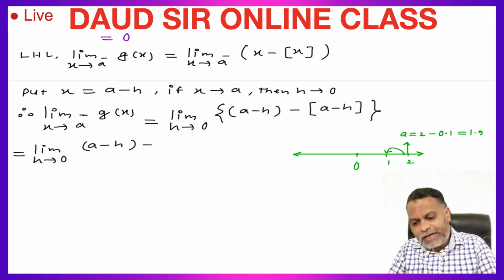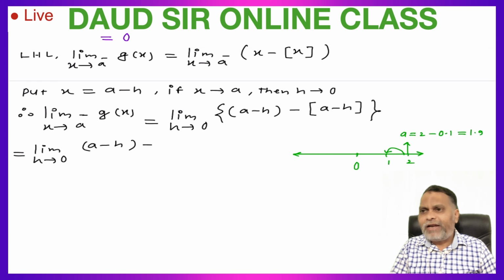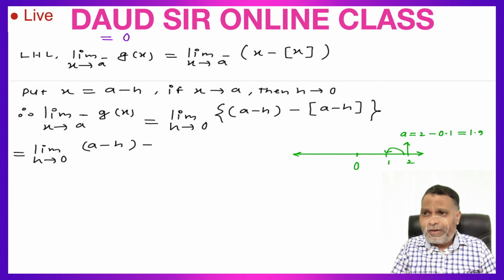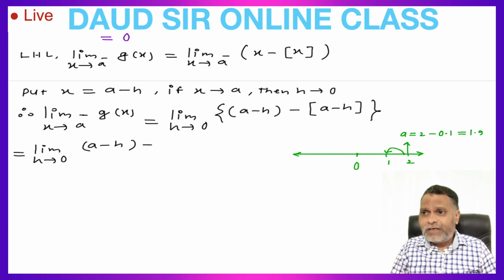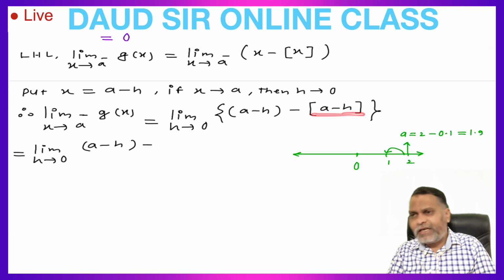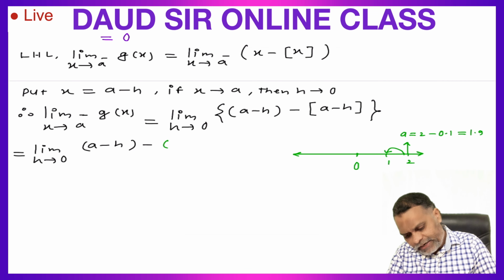If suppose we are taking a is equal to 1, then for a minus h we will get a value less than 1. So for a value less than 1, its greatest integer is 0. When a was 1, then the greatest integer is 0. When a was 2, then the greatest integer is 1. So for any number, its greatest integer will be a minus 1. So here the greatest integer of a minus h will become a minus 1.